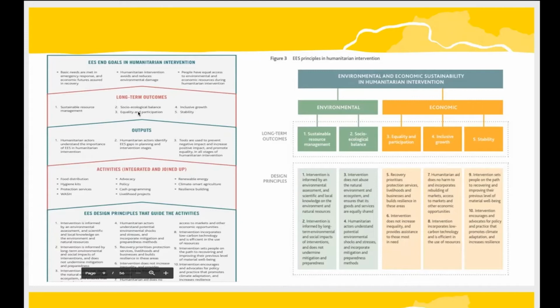In order to achieve that, we have set up 5 longer-term outcomes. 2 of them are related to the environmental side, and 3 of them are related to the economic side. And in order to achieve these 5 outcomes, there are 10 guiding principles to help the team on the ground to develop their response programs.